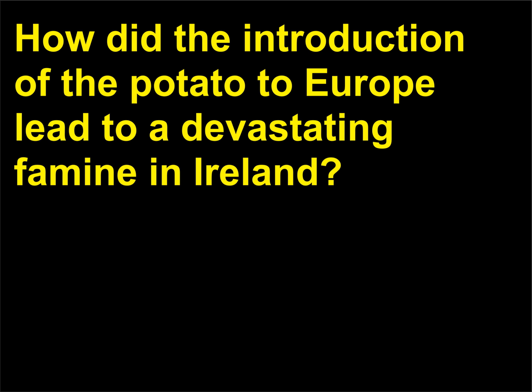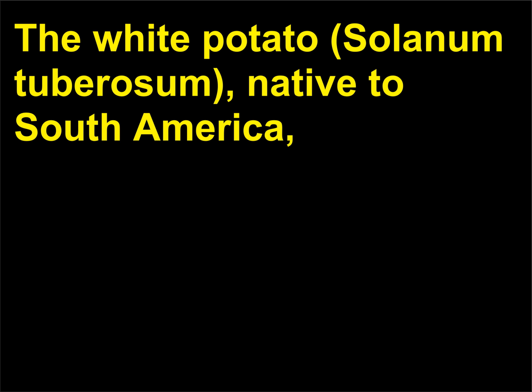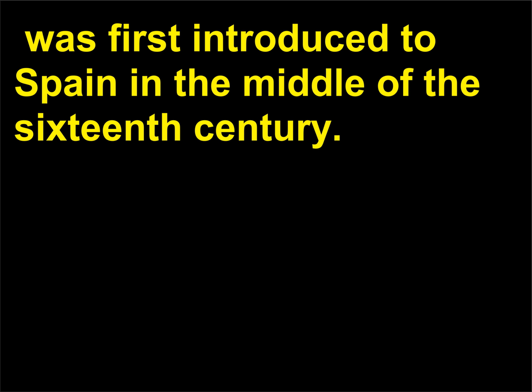How did the introduction of the potato to Europe lead to a devastating famine in Ireland? The white potato, Solanum tuberosum, native to South America, was first introduced to Spain in the middle of the 16th century.